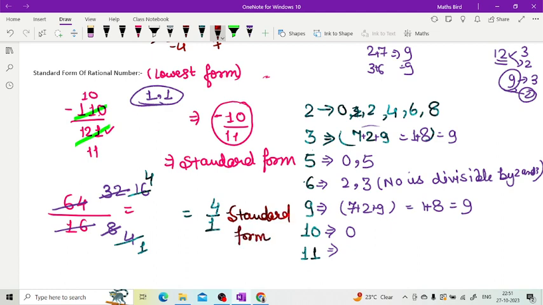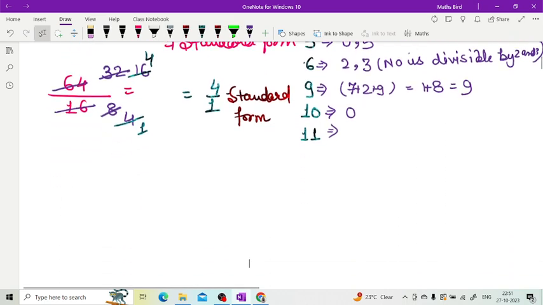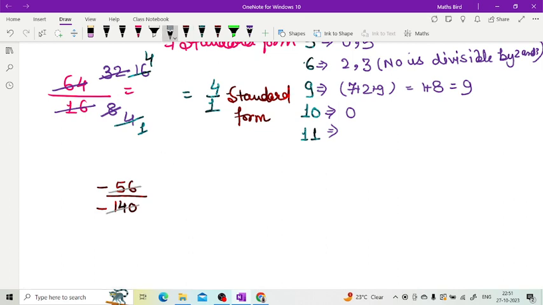right? I hope now you understand how to represent a rational number in the standard form, right? Now take one more example of a standard form. We can take minus 56 upon minus 140, right? Now we will cancel out 56 and 140 by 2.